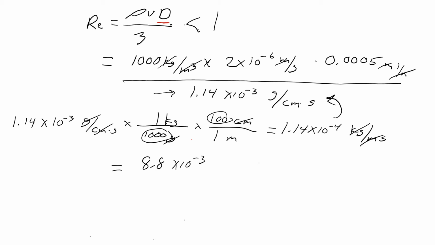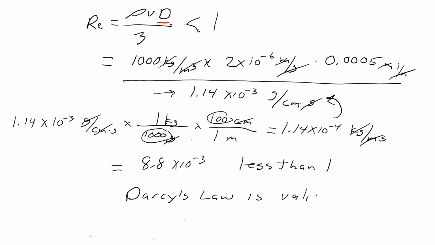Cancel that out with the per meter down here, and then the seconds will also cancel out as well. So we should end up with a dimensionless number. In this case, it is less than 1, much less than 1. So Darcy's law is valid. Your answer should have some grounding in reality.